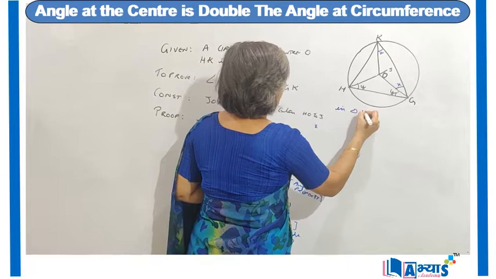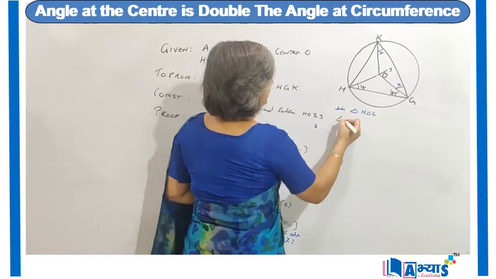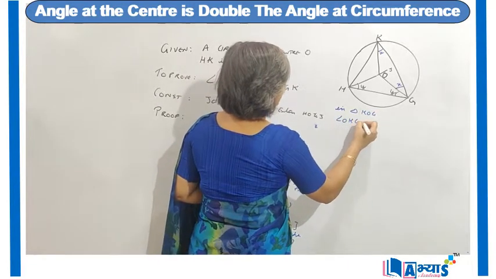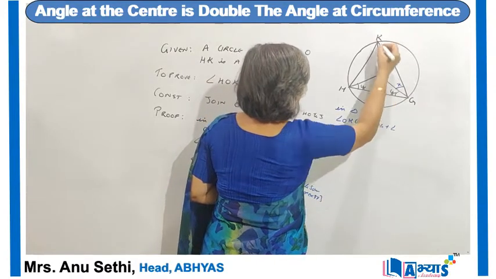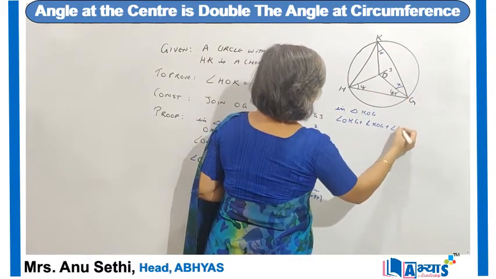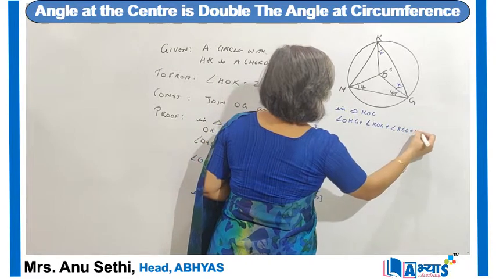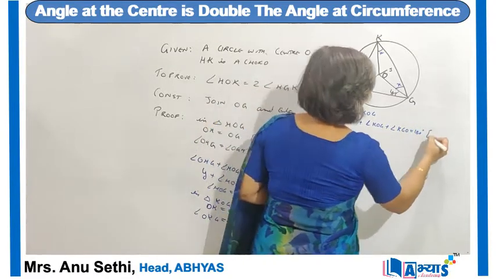In triangle KOG, angle OKG plus angle KOG plus angle KGO is equal to 180 degree, angle sum property.